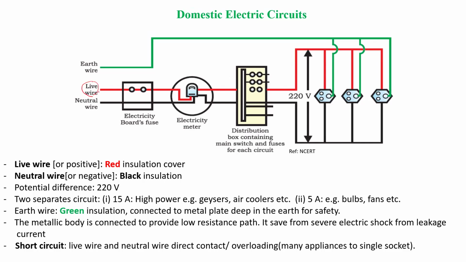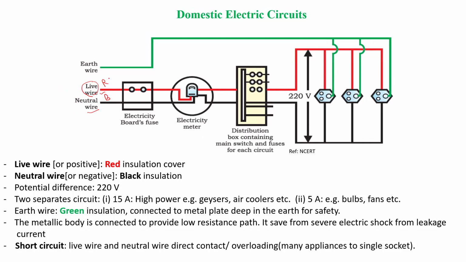The live wire color is red. If you take three phase connections, then three live wires will come. Another wire, for the single phase connection shown, is the neutral wire. Generally, the live wire is represented by the red color and the neutral wire by the black color.